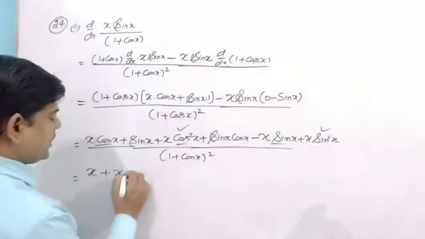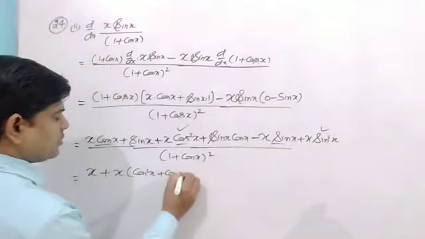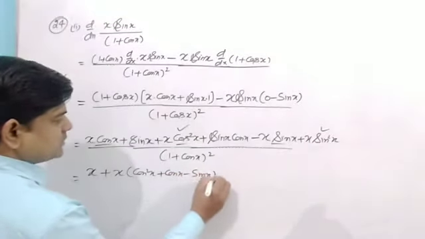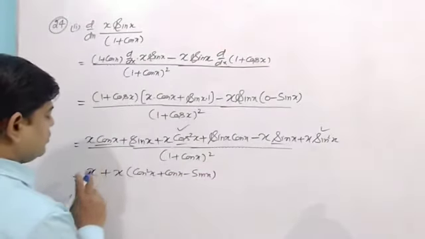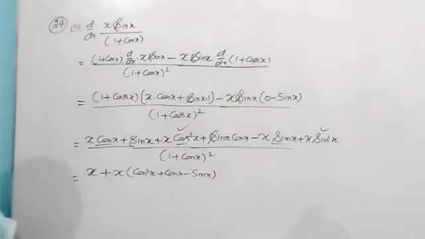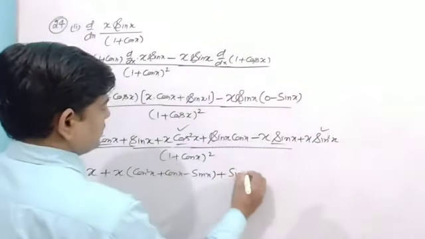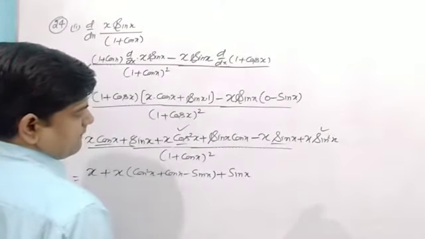So if I take x common, I'll get here cos square x plus cos x and minus sin x. And now the last term is there. It is plus sin x.